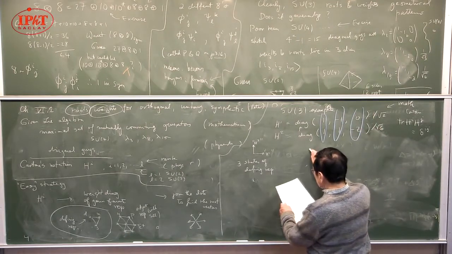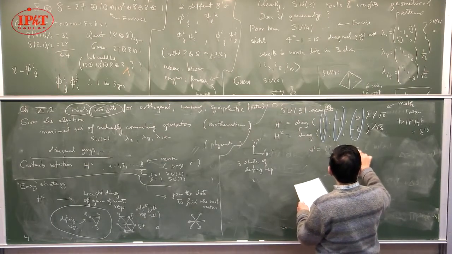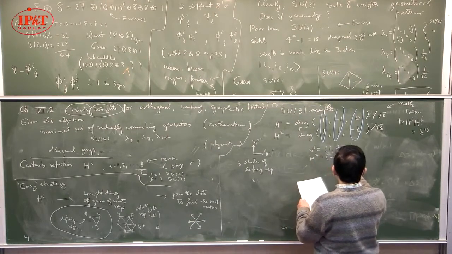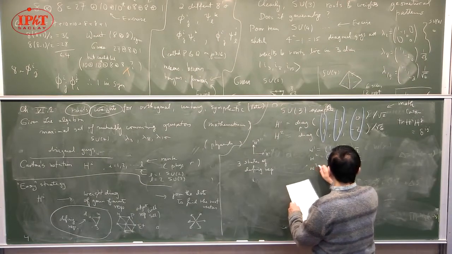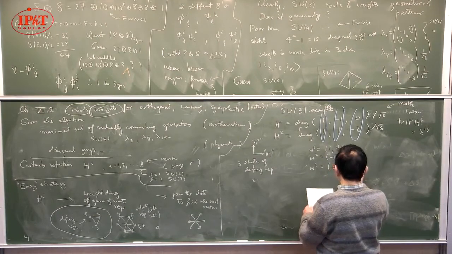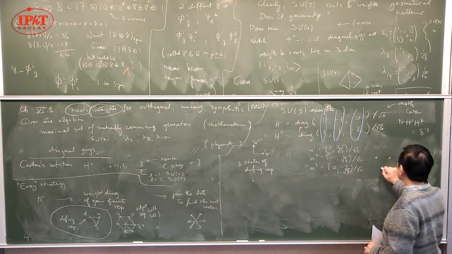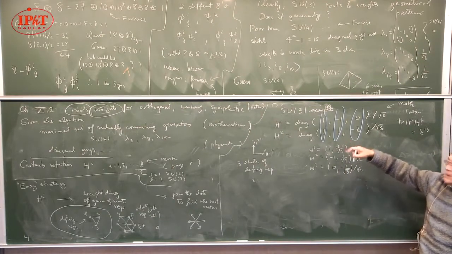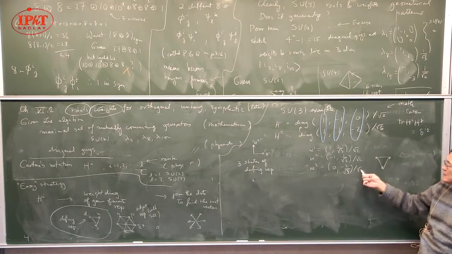So the first weight is 1 over root 3 over root 2, W2 is minus 1 over root 3 over root 2, and W3 is 0, minus 2 over root 3 over root 2. So it's just the equilateral triangle again. So do you understand what I'm doing? I'm just copying this 0, minus 2, but with the normalization.